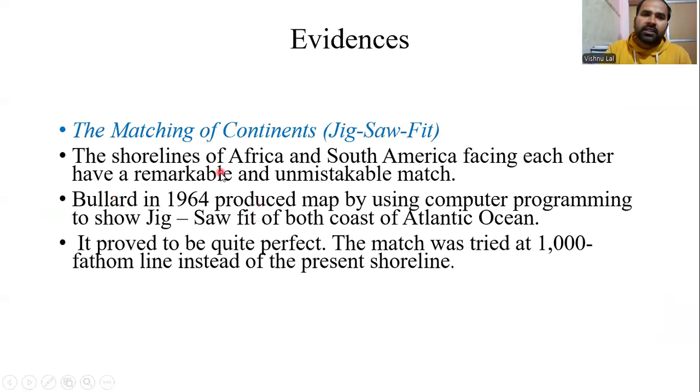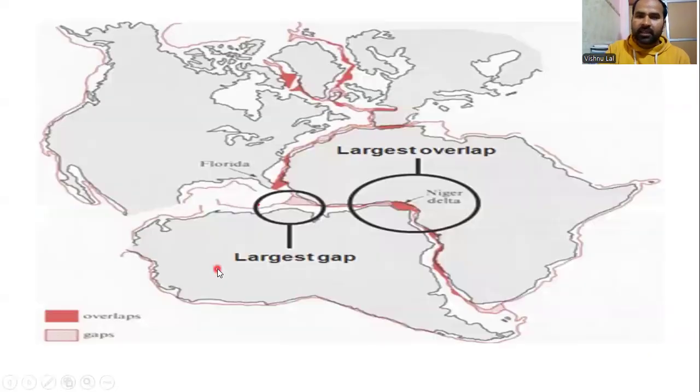On the other hand, one map was presented, and with the help of that map, it was quite a fit. Next evidence he has presented is the jigsaw fit, meaning all continents fit together like a jigsaw.